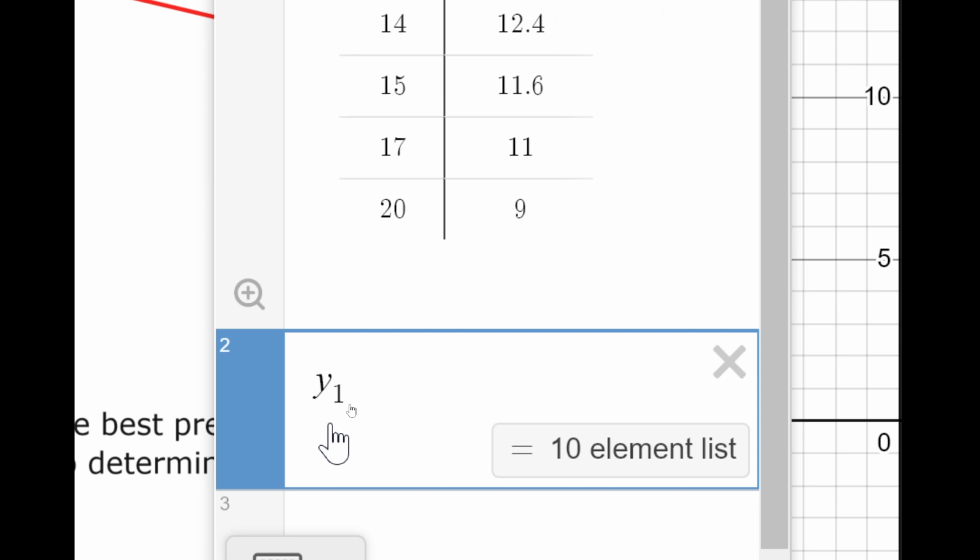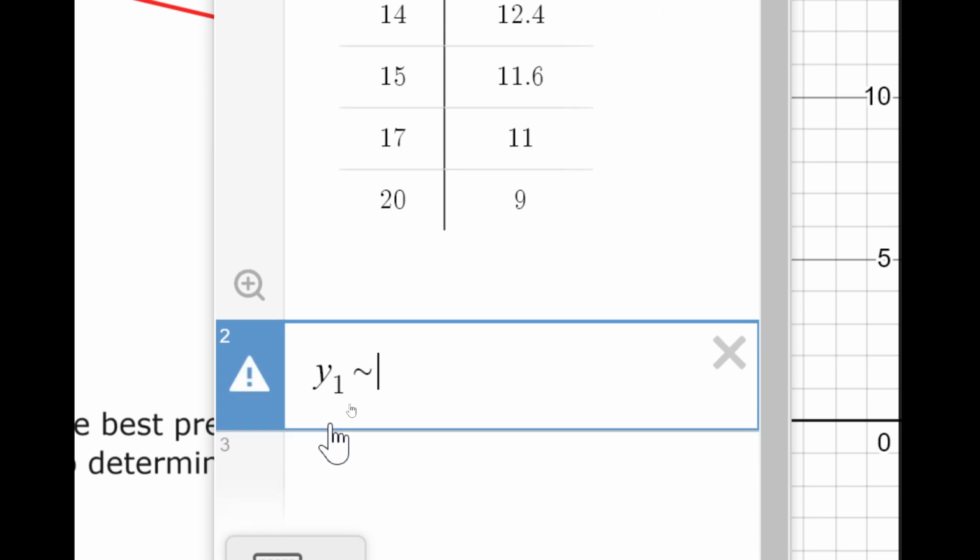I'm going to wait for the screen to catch up. There. Okay. Now we have to hit the tilde, which is the squiggly line. So you hold Shift and then hit apostrophe or reverse apostrophe. That symbol.